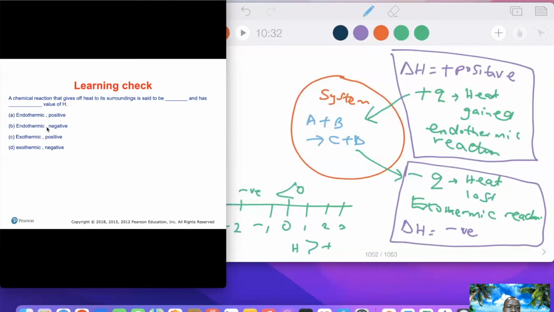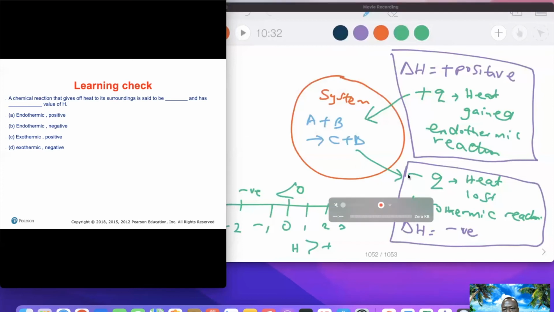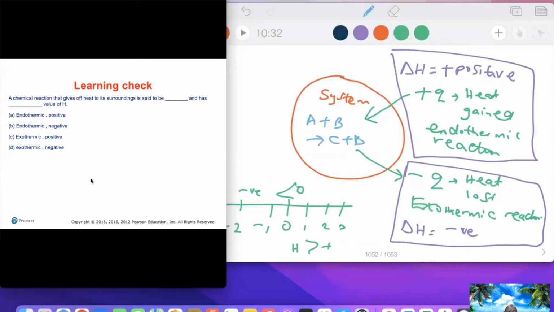So the correct answer is D, exothermic, because the reaction gives off heat to its surroundings. That means heat is getting out and the enthalpy of reaction is negative.